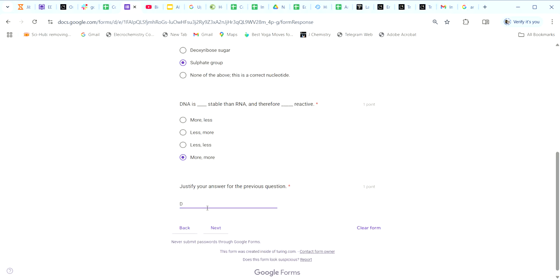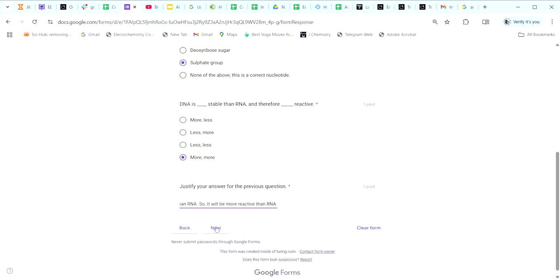DNA is more stable than RNA, and so it will be more reactive than RNA.